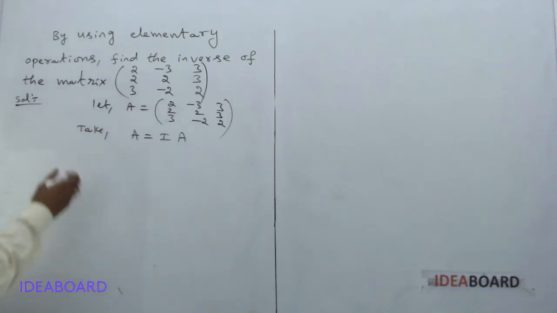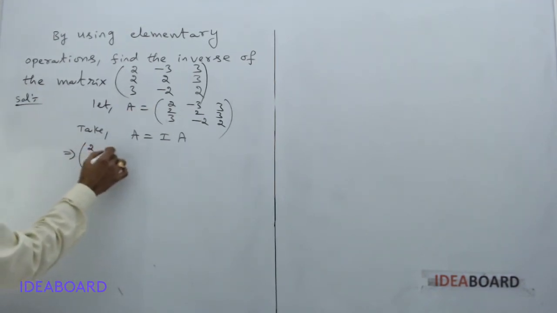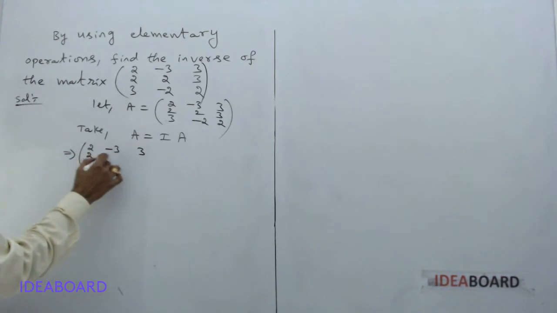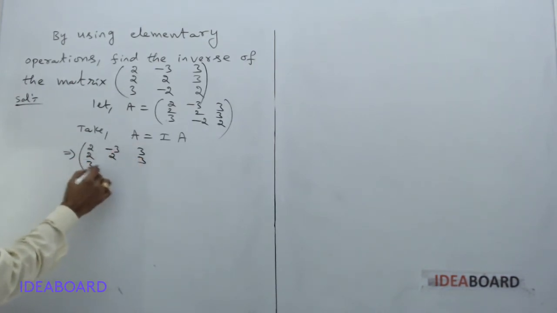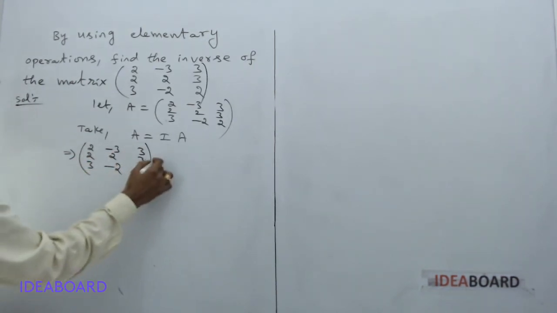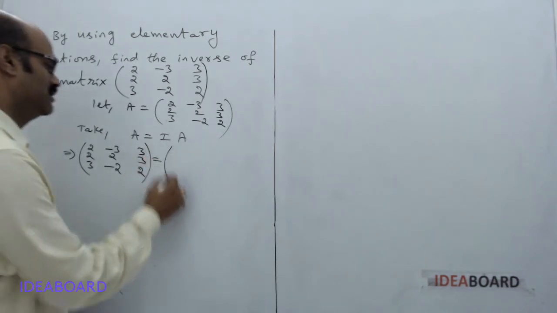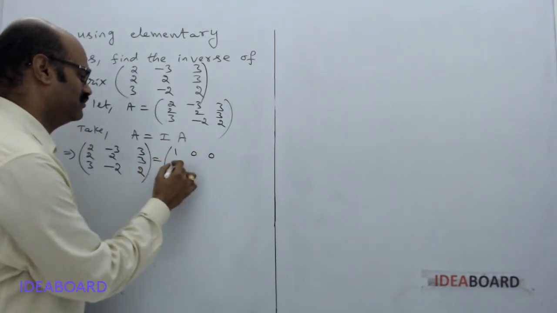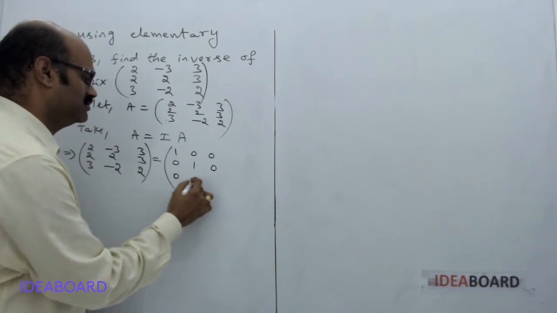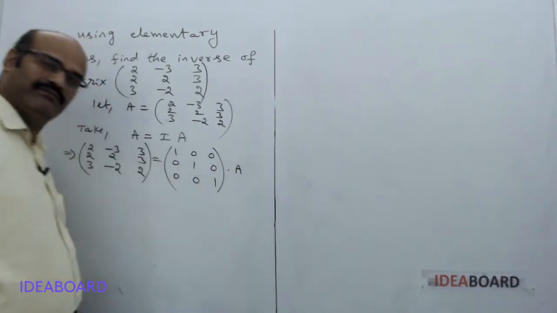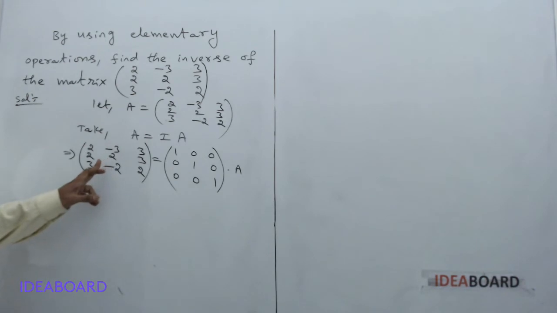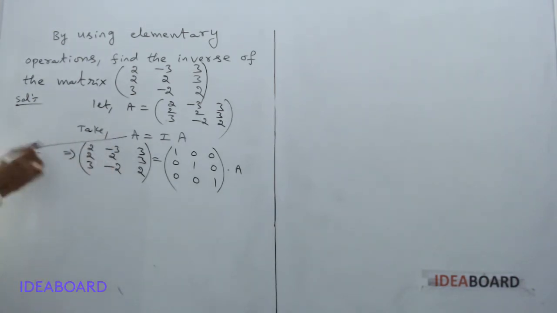So let me write the given matrix here. A equal to 2 minus 3 3, 2 2 3, 3 minus 2 2 equal to identity matrix 1 0 0, 0 1 0, 0 0 1 into A. Now we should convert this one in the form of I equal to B into A. I means we have 3 by 3 identity matrix 1 0 0, 0 1 0, 0 0 1.